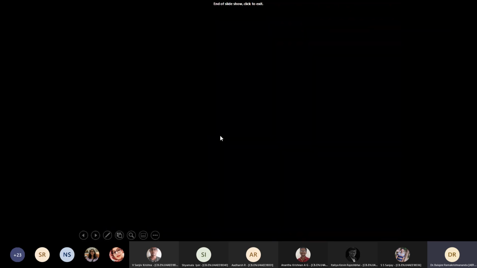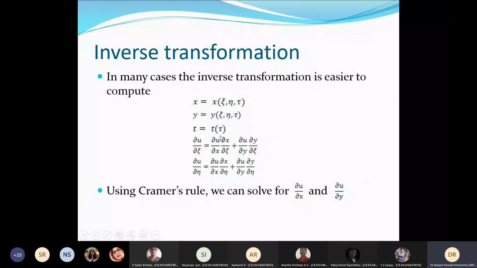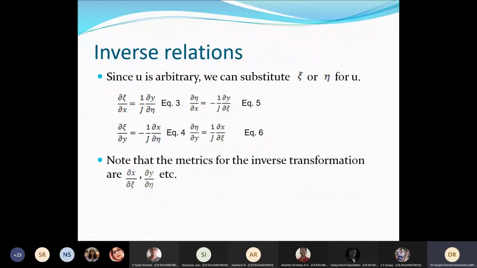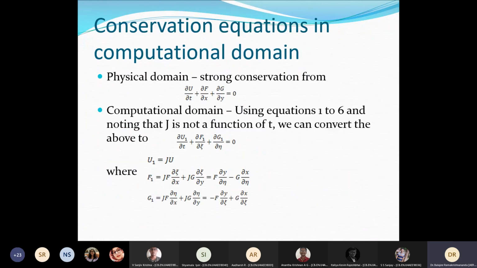Now, equations 1, 2, then 3, 4, 5, 6 here. Expressions of dou zeta by dou x, dou zeta by dou y, dou eta by dou x, all these things, if you substitute, you can get this equation. F1 is J f into dou zeta by dou x plus J g into dou zeta by dou y, which can also be written as f into dou y by dou eta minus g into dou x by dou eta.